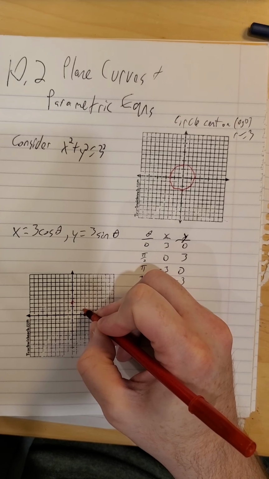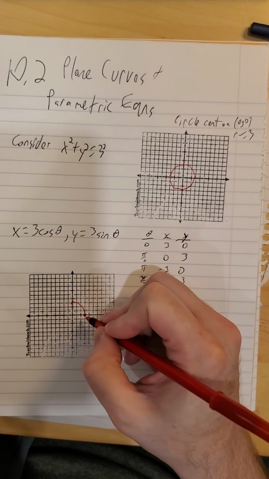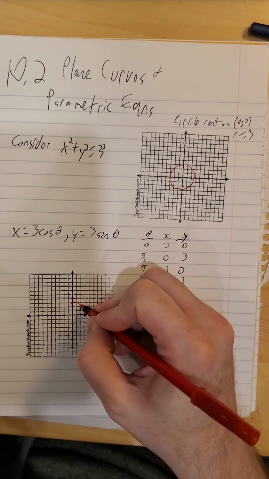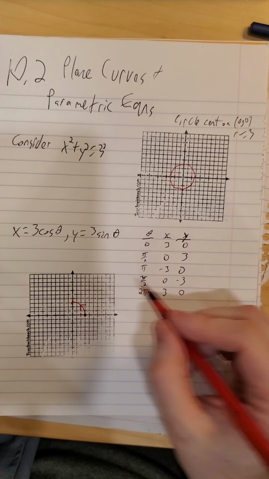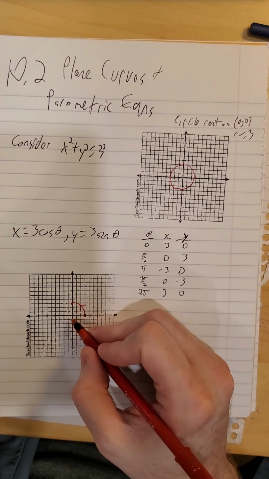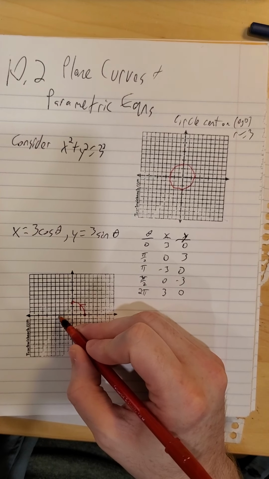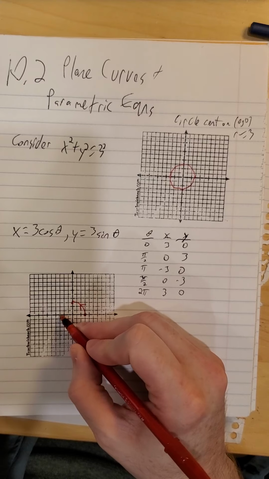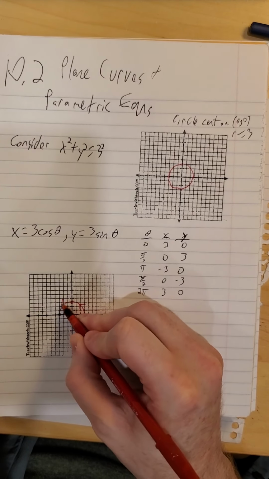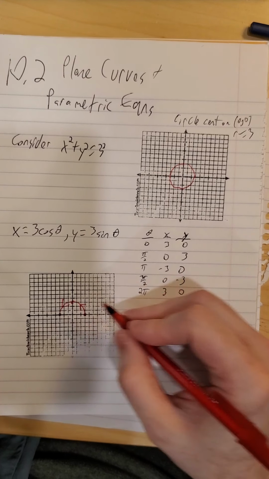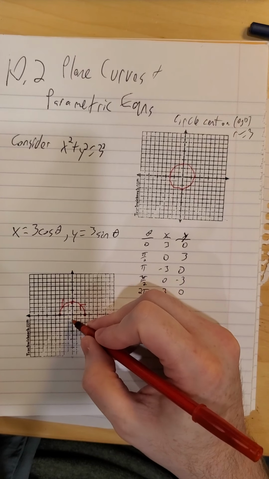So that means not only do these 2 points get connected, but we started here and headed in this direction. Same thing here at pi. We're at -3, 0. So that meant our curve continued in this direction. 3 pi over 2, we're at 0, -3.